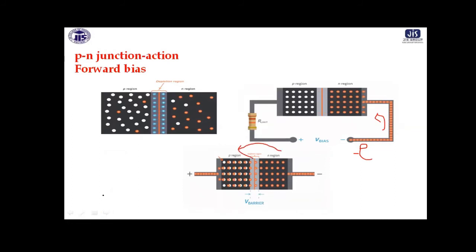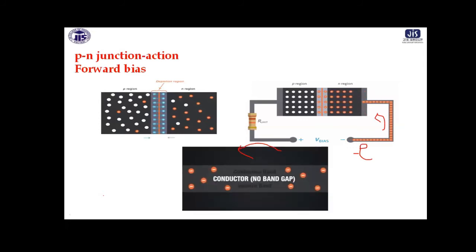You see, the electrons are pushed in, they are crossing the junction and you are getting the current.